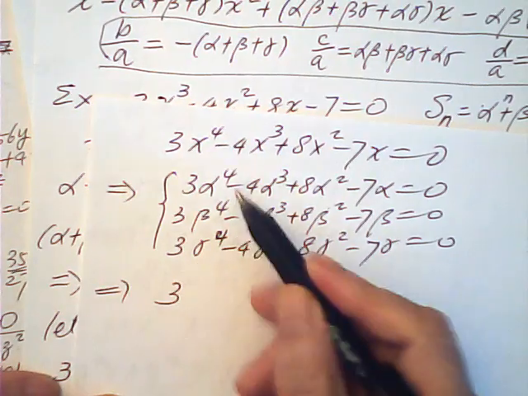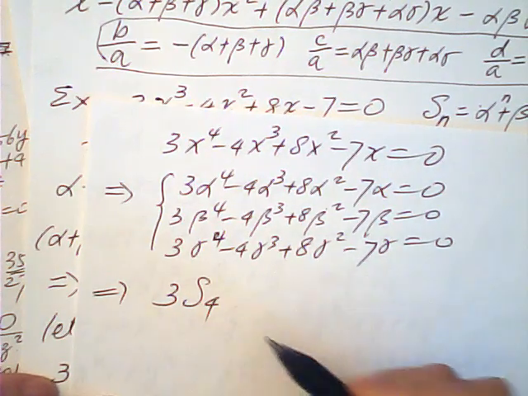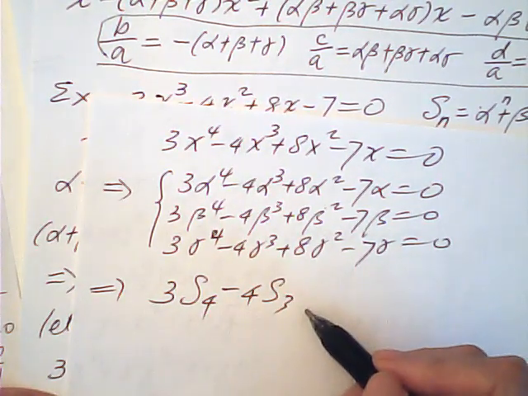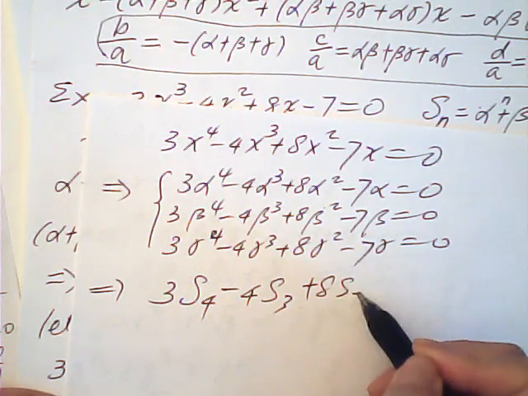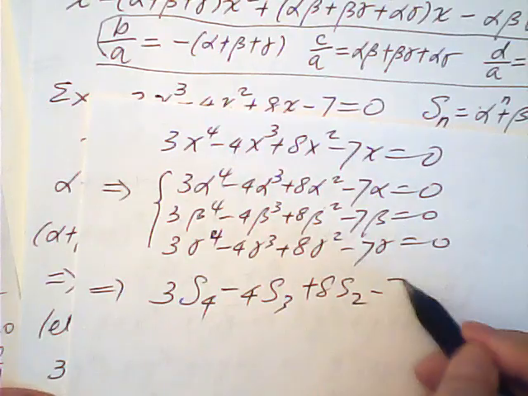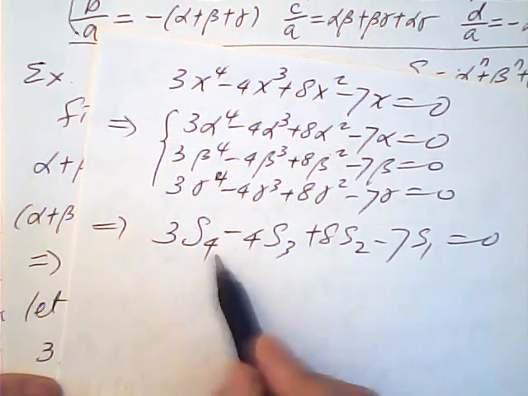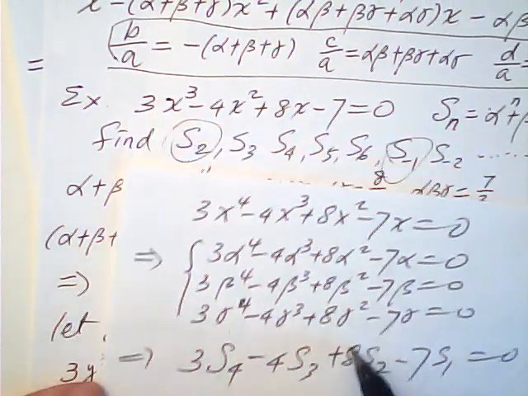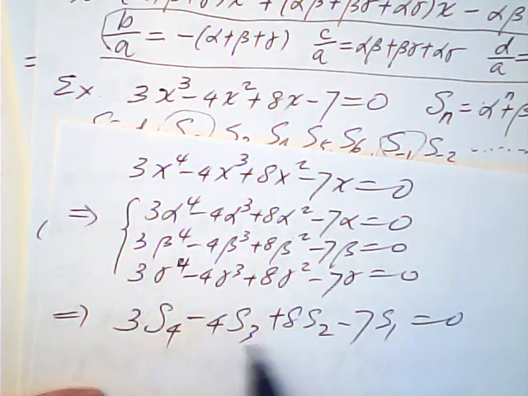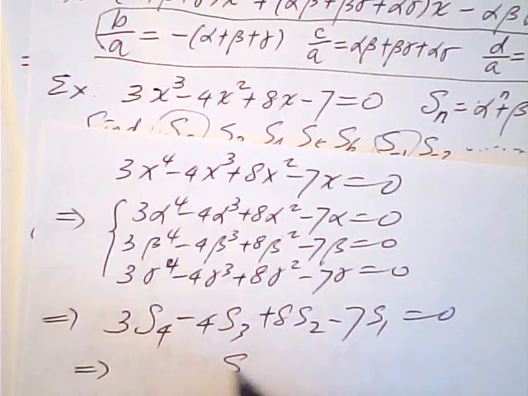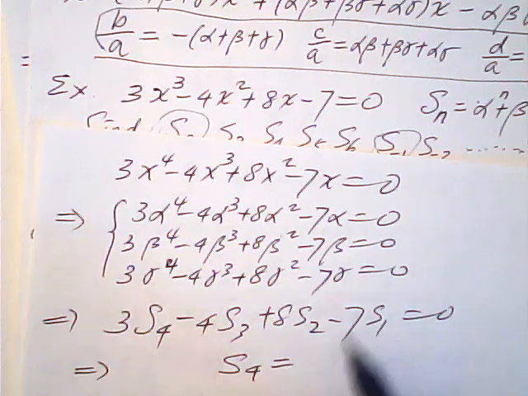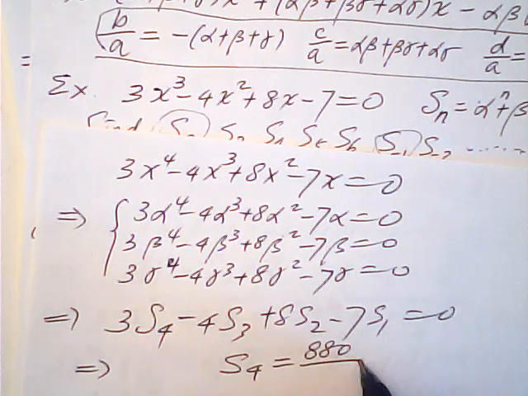So this will add up to 3 S4 minus 4 S3 plus 8 S2 minus 7 S1, right? And we know S1, we know S2, we know S3, so we can find S4. S4 is equal to 880 over something.